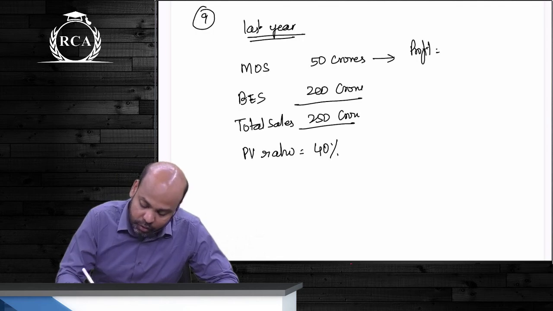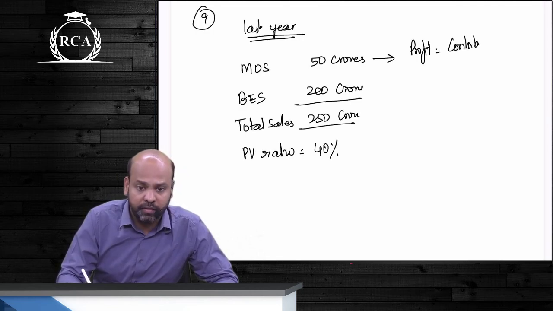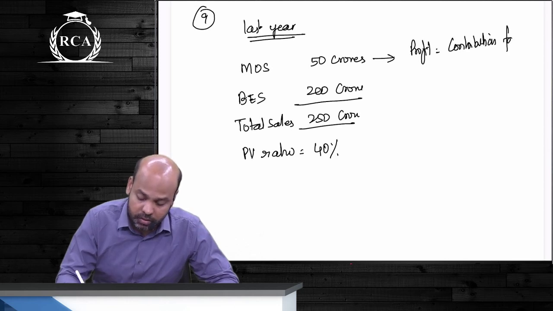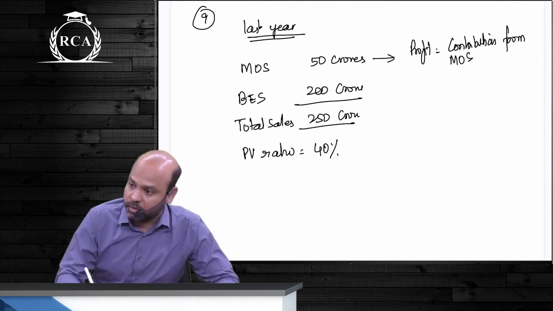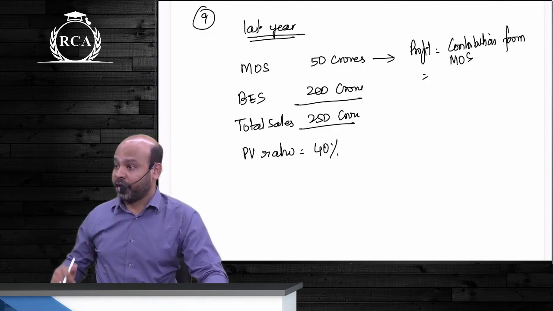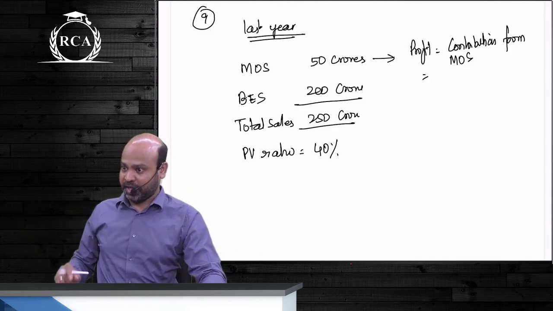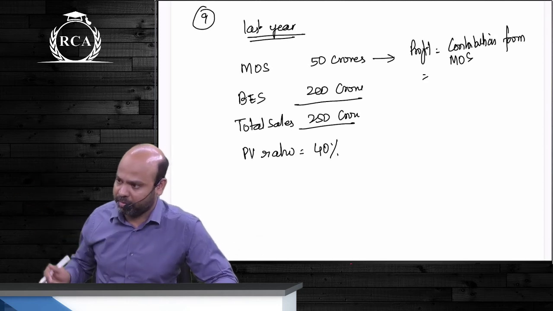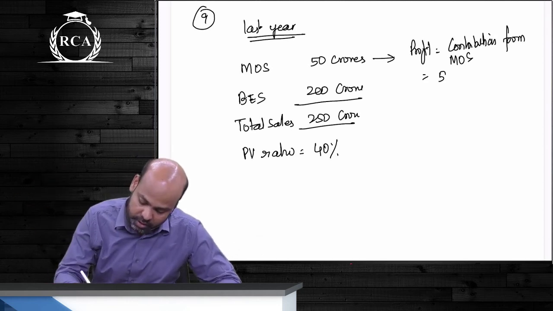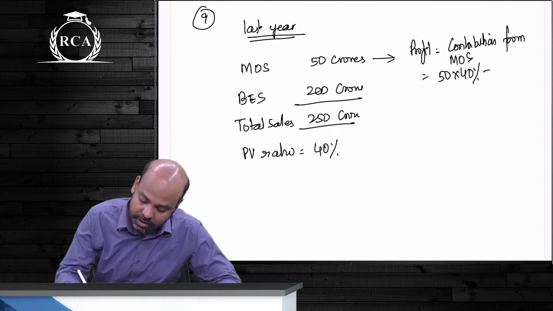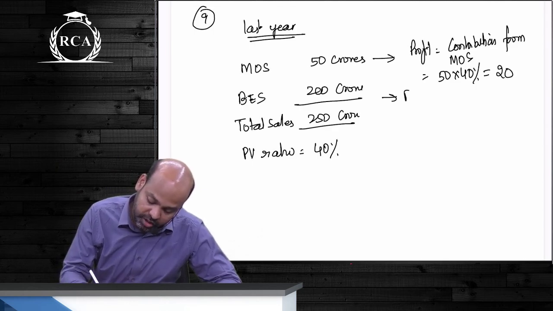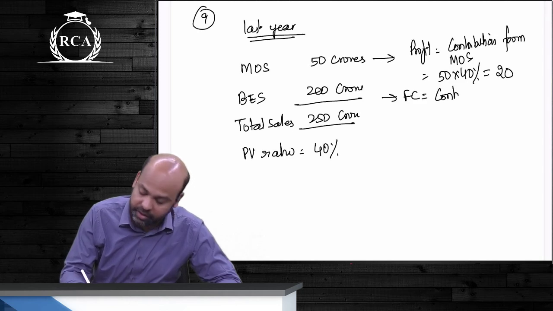Profit, guys, is contribution from margin of safety. Why? The total fixed cost is already recovered from break-even sales. Any additional contribution that you receive from margin of safety itself is 50 into 40%. Fixed cost beta, won't that be contribution from break-even sales?